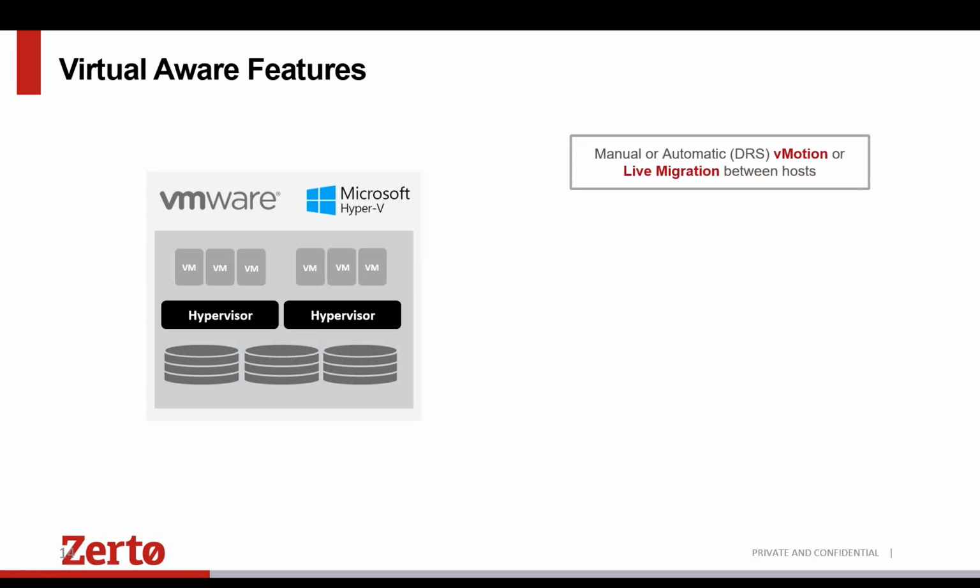There's no break in the protection and there's no change needed from a Zerto perspective. And we actually also allow you to change the target host, cluster or resource pool that you're replicating that VM to, for example, in the circumstance of performing host maintenance in your target site as well as your source site.